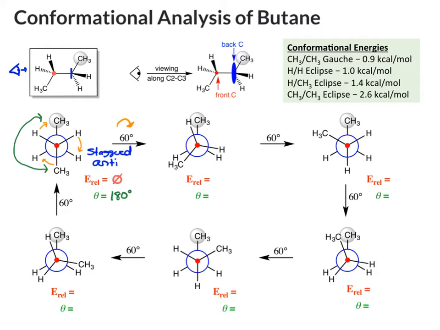All right, when we do that, we get this new conformation. You can see we left everything in the back the same, but now this hydrogen got rotated so it's eclipsing this one. The methyl was moved to here 60 degrees, so it's eclipsing this hydrogen, and then this hydrogen is eclipsing this methyl group.